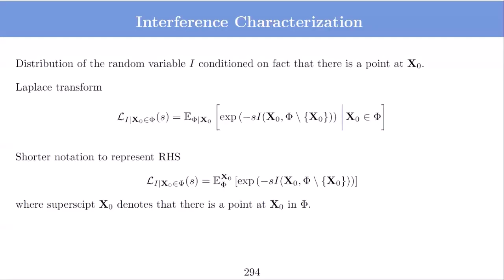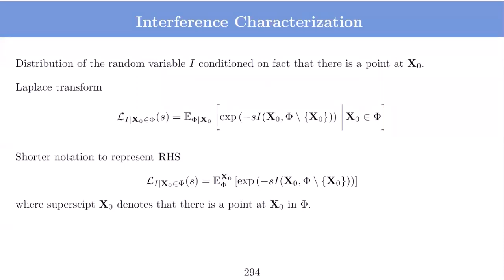So first we will focus on interference characterization. We have explicitly said what I is in terms of a function of x0 and the point process without x0, and we are interested in characterizing the distribution of this random variable I. So how can we characterize interference, or any random variable?